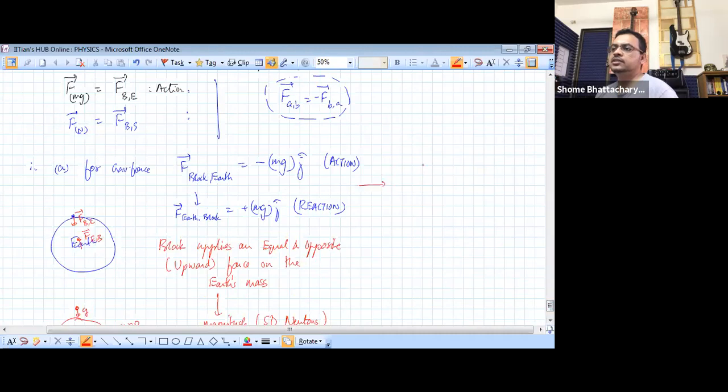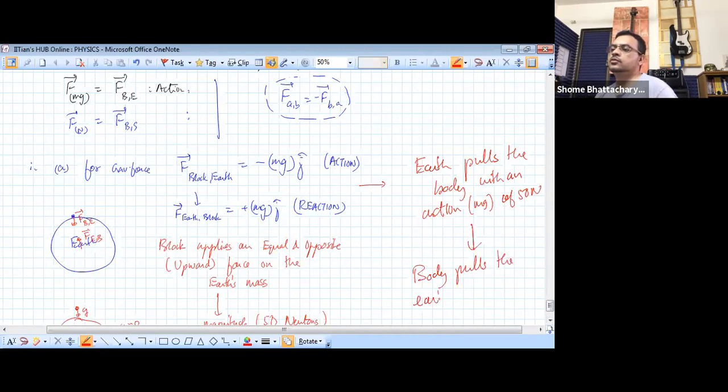So what that means is that if the Earth pulls the body with an action, which is the gravitational pull of 50 newtons, the reaction to that is the body pulls the Earth towards itself with equal and opposite reaction of 50 newtons.